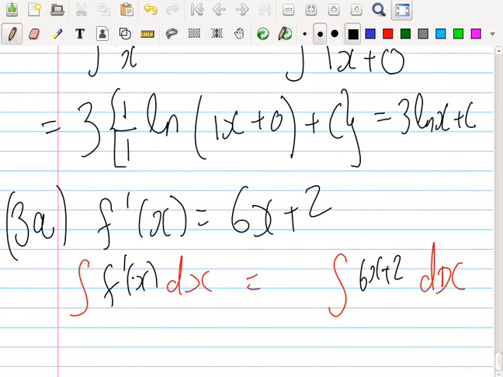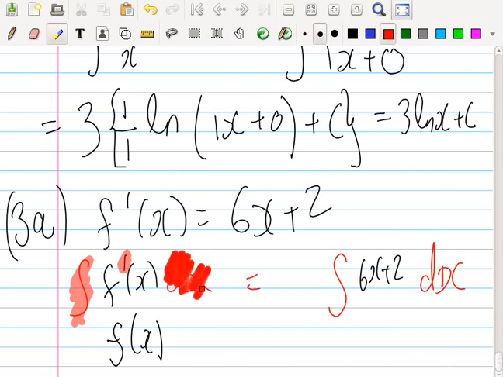So, look at the left, derivative and antiderivative. What happens? Cancel. So what am I left with here? f(x). Yes, does this make sense? The derivative and the antiderivative cancel each other.